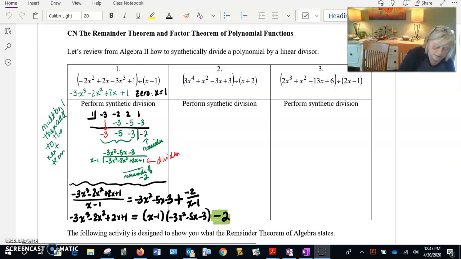This is your divisor. That, of course, is your quotient, what you get after you do the dividing, with your remainder down here. So that's just terminology. So when you're putting in your dividend, you do want to make sure that it is in order from largest power to smallest power.